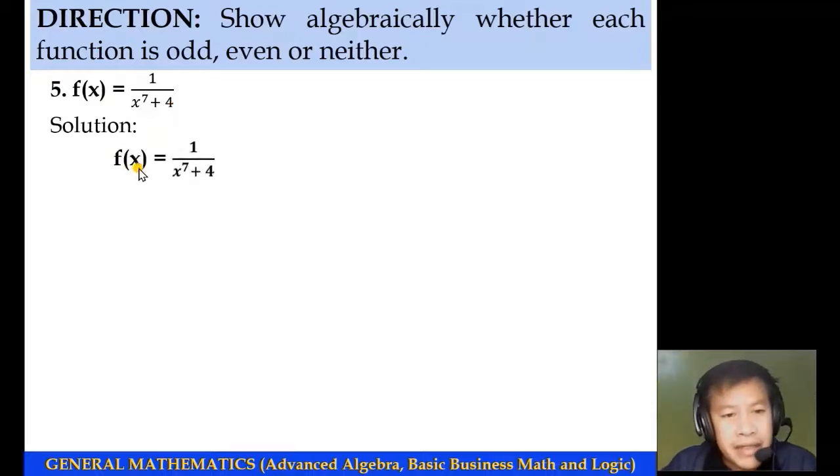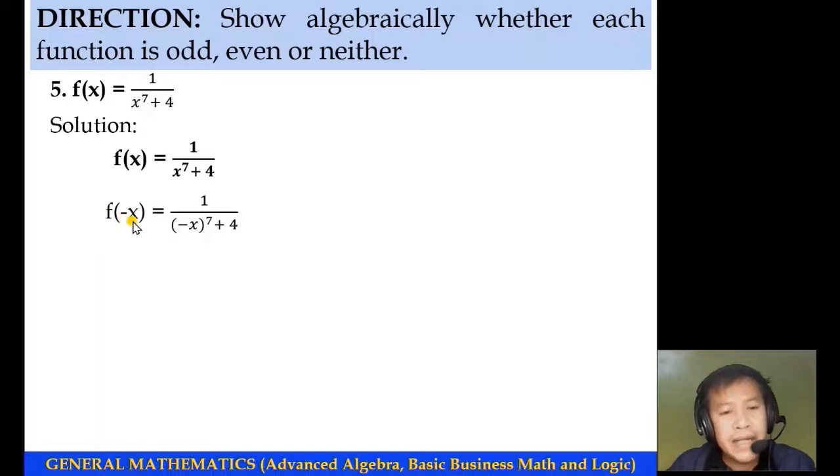And this is our original function, f of x is equal to 1 over x raised to 7 plus 4. Then afterwards, we are going to replace x with negative x. And this is it. F of negative x is equal to 1 over quantity negative x quantity raised to 7 plus 4, and we are going to remove the symbols of grouping.